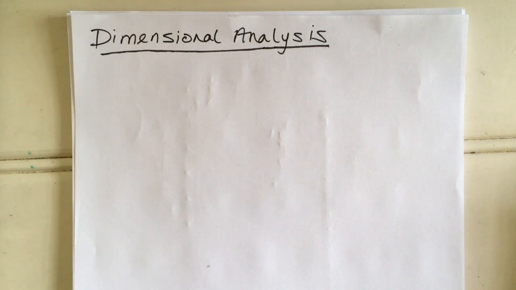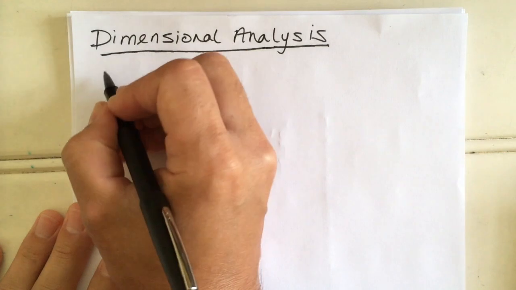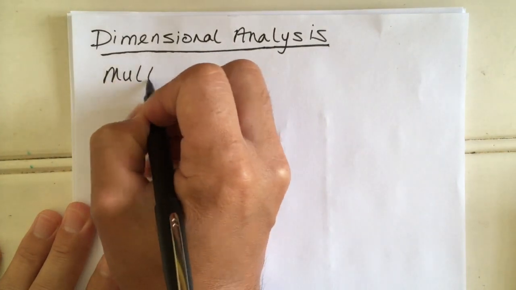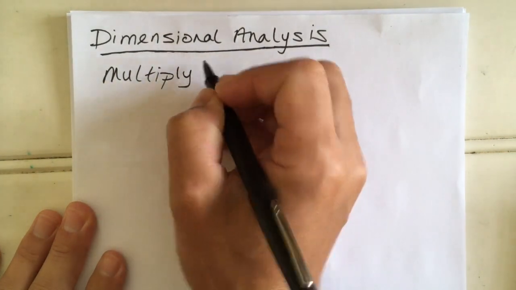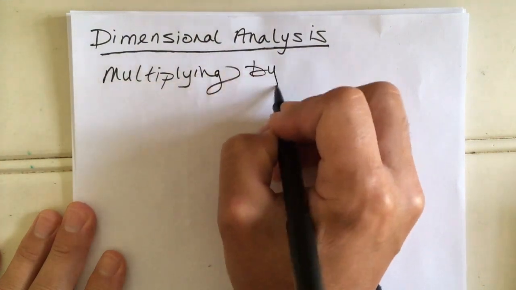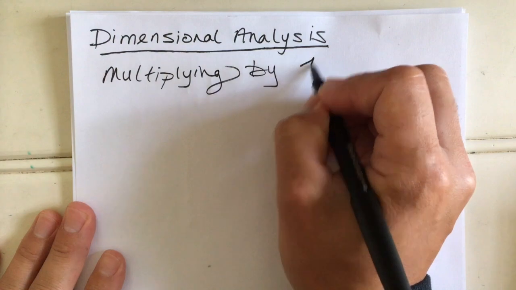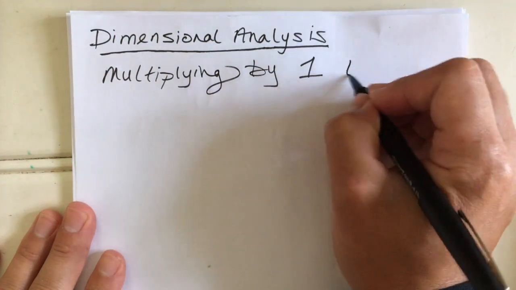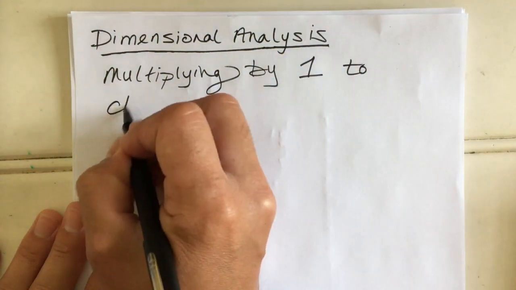So what we're doing here with dimensional analysis is we are multiplying by 1 to change units. Really, that's all we're doing.